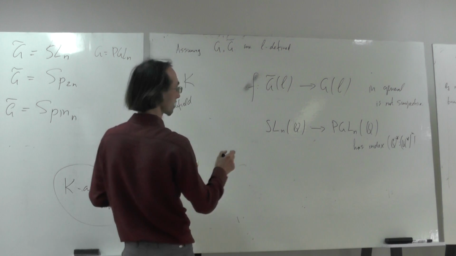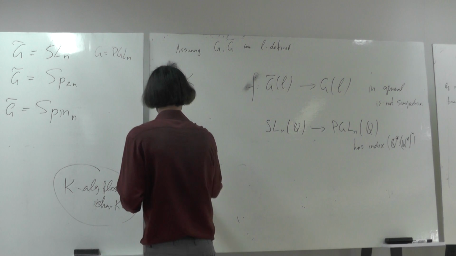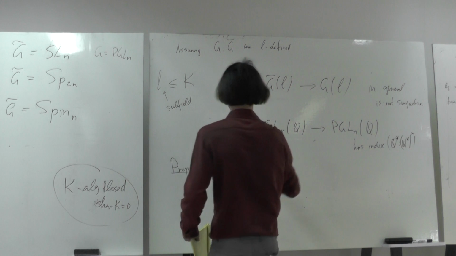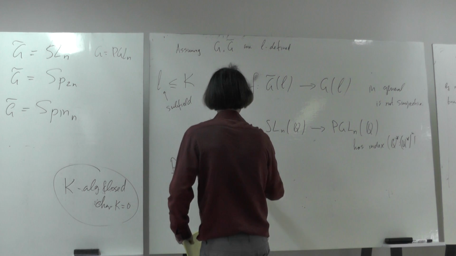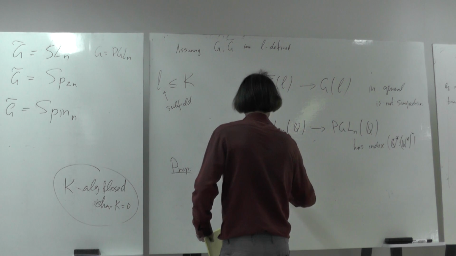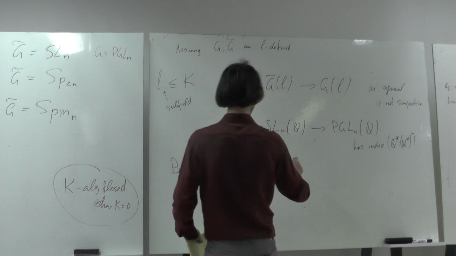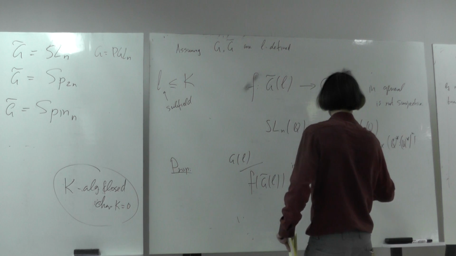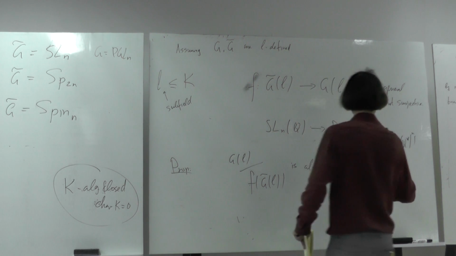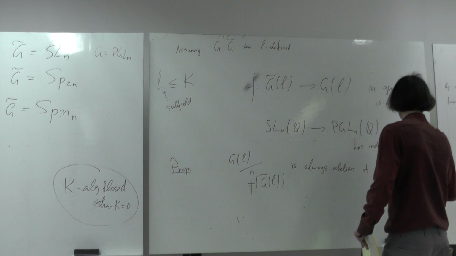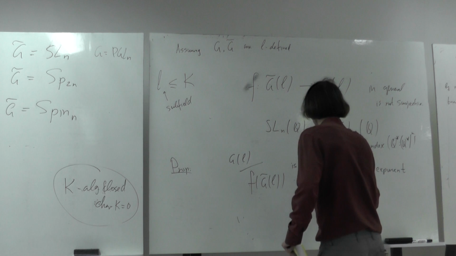But in all cases, here is a proposition: G of L modulo the image of G tilde of L is always abelian, of exponent dividing the exponent of the kernel.